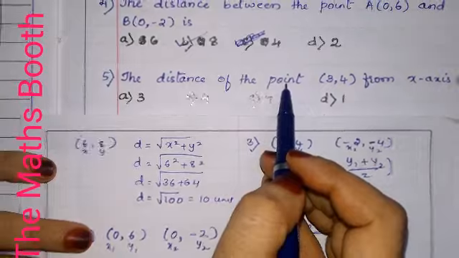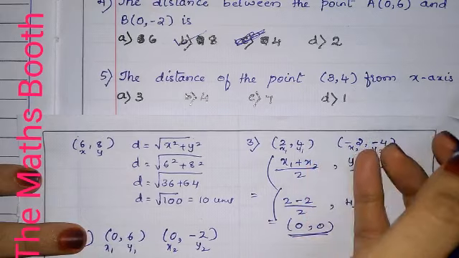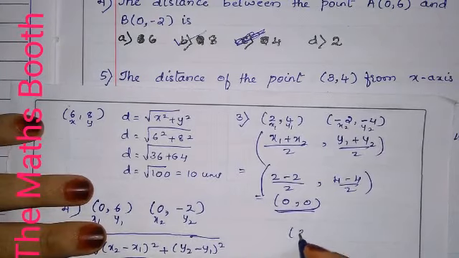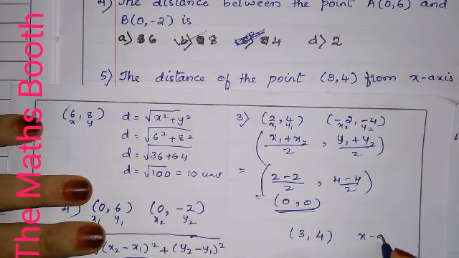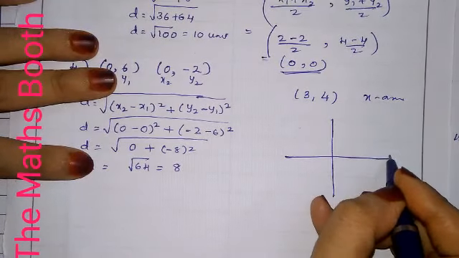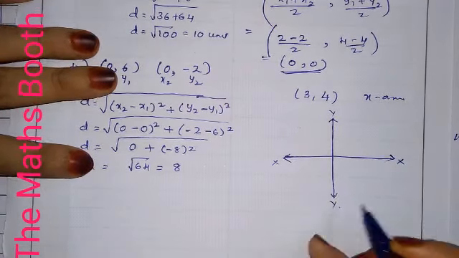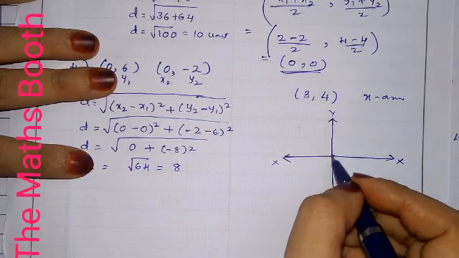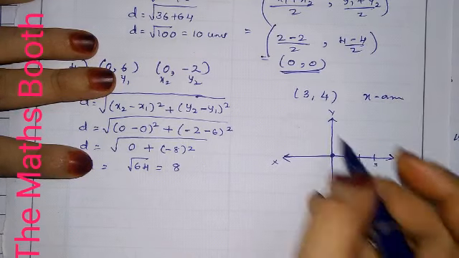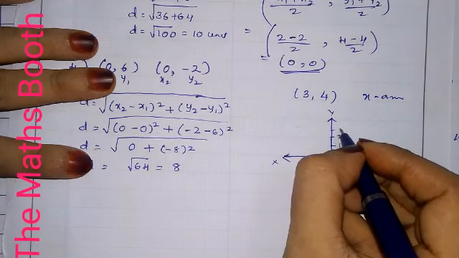The distance of the point 3, 4 from x-axis is. I'll draw the point 3, 4. This is the coordinate system. We know this is x-axis and this is y-axis. Now 3, 4: 1, 2, 3 on x, and on y 1, 2, 3, 4.